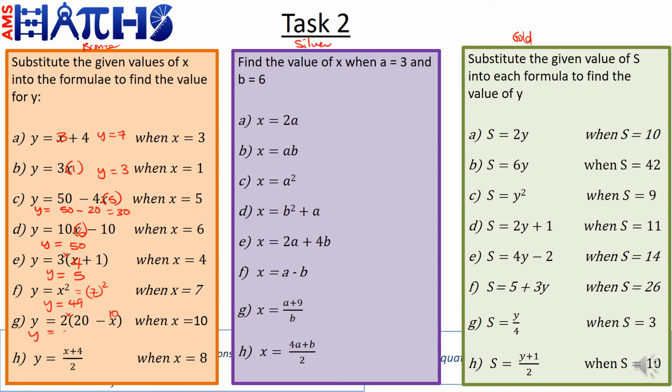So we have y equal 20. Okay, and then for the final one, h, we're replacing x with 8. So 8 plus 4 is 12. And then 12 divided by 2 is 6. So y is equal to 6.